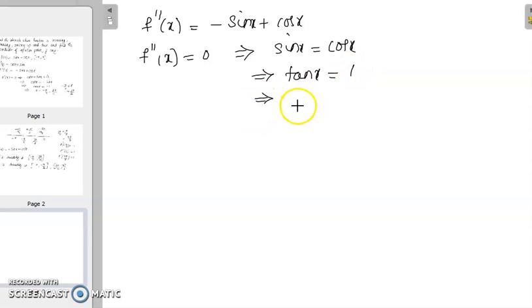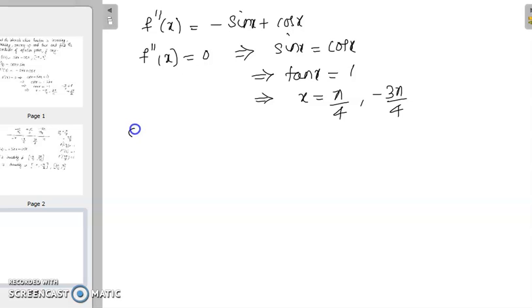Tan x equal to 1, so x is equal to pi by 4, then minus 3 pi by 4. So f double dash of x is equal to 0 at these 2 points.